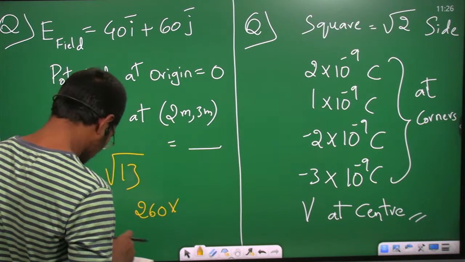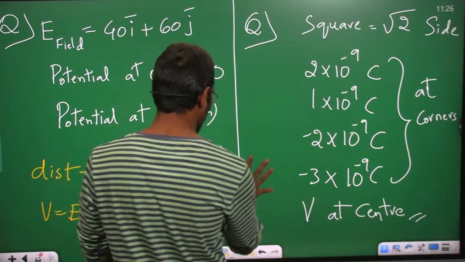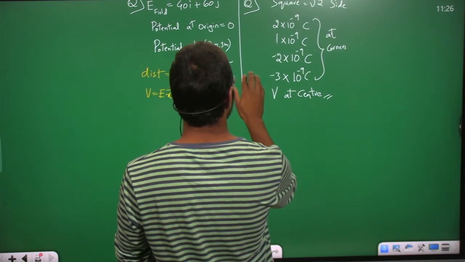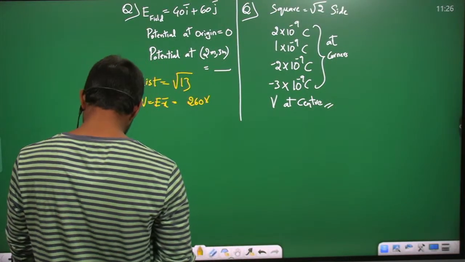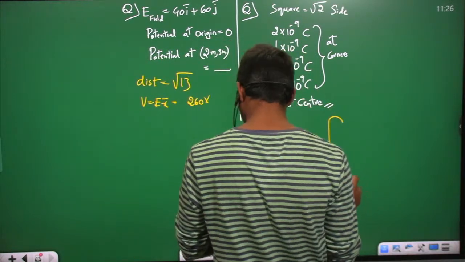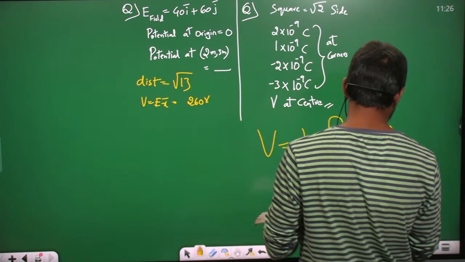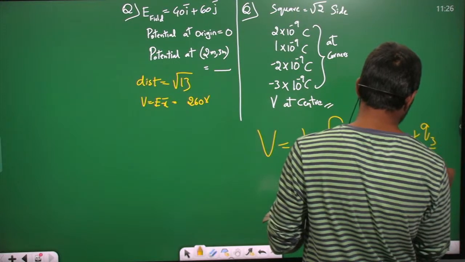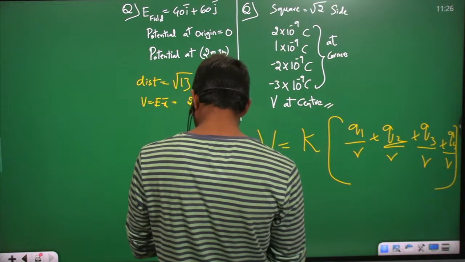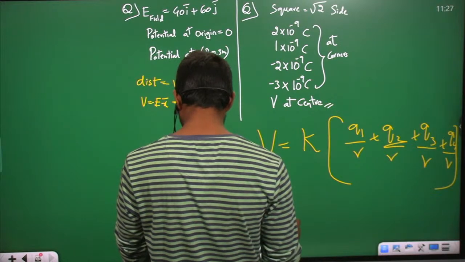See, how about this? Here simply potential is equal to K Q1 by R, Q2 by R, Q3 by R, Q4 by R. As R is the same, you will get minus 18 volts.